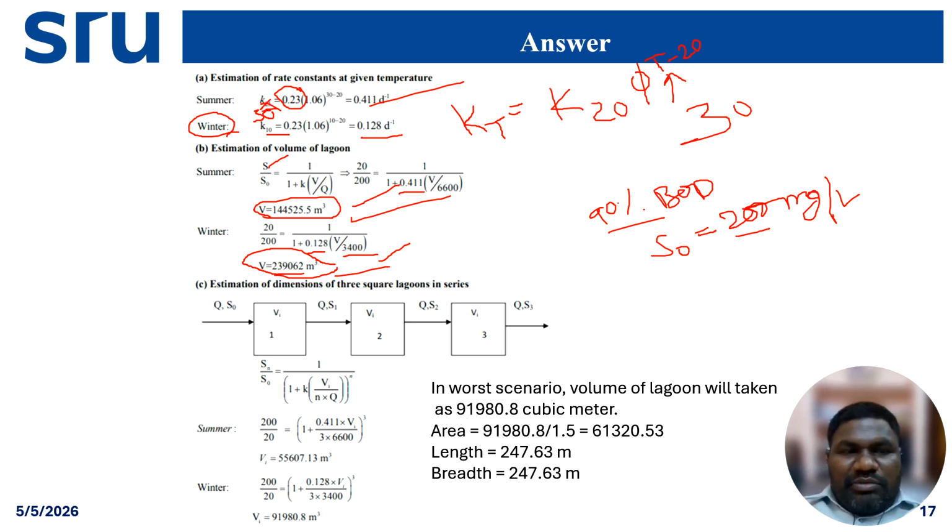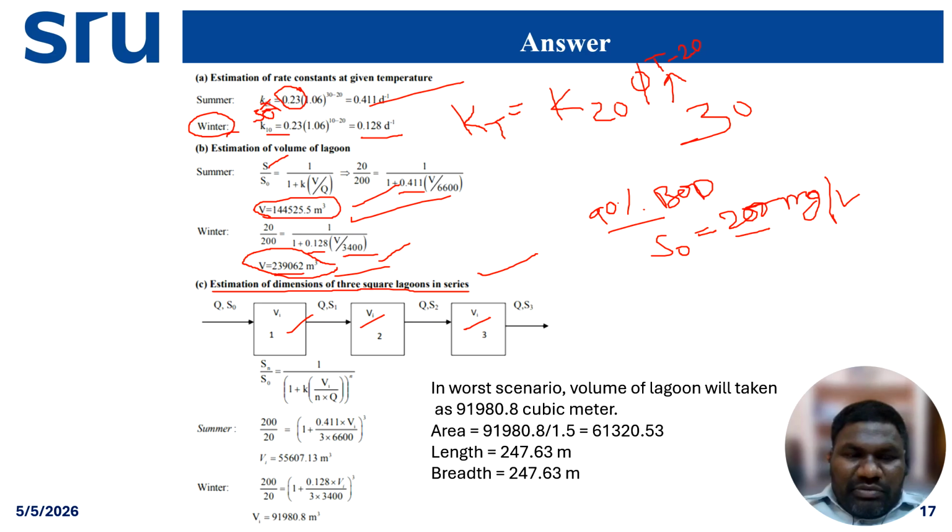So next will be the estimation of dimensions of three square lagoons. See here, the lagoons will be in series, so that is V1, V2, V3. All should be square in size, with equal dimensions.